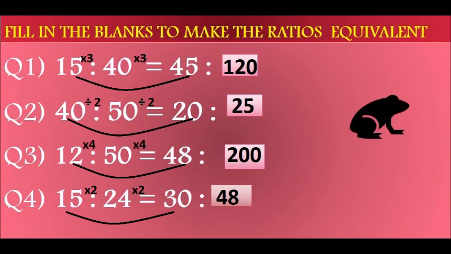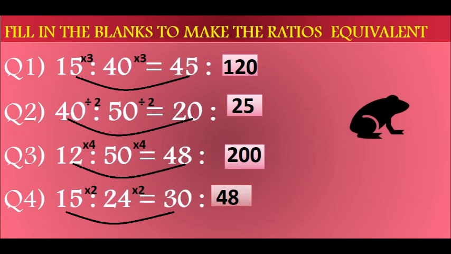Now the same number 4 is going to be applied with the second figure that you see here, which is 50. 50 multiplied by 4 gives you 200. And now we have the last question left. 15 ratio 24.